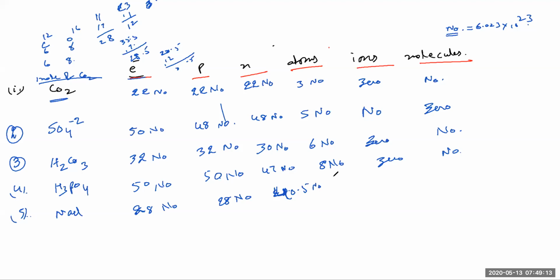Avogadro number. Atoms 2 only, 2 Avogadro number. Ions 0. Molecules 1 mole Avogadro number. Right?